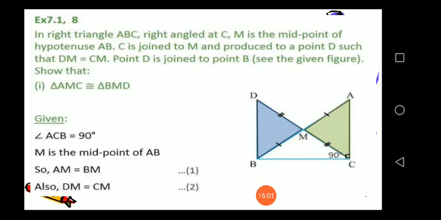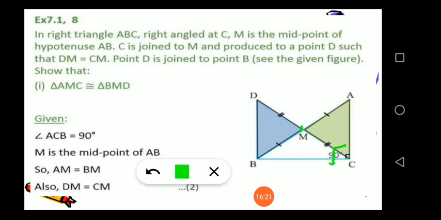Now question number 8. It was given that there is a right angle triangle ABC, and right angle is at point C. Here M is the midpoint of AB.